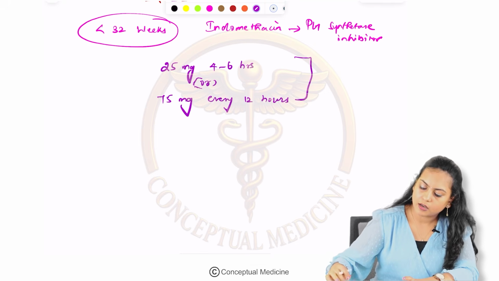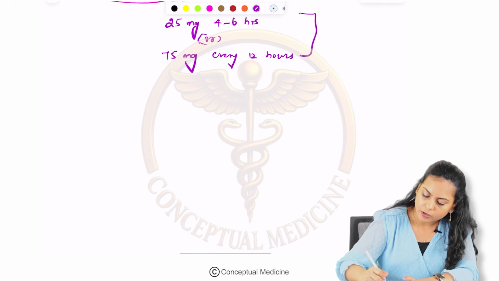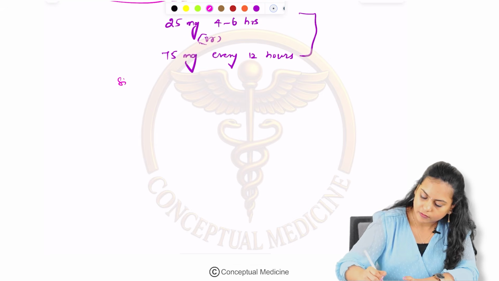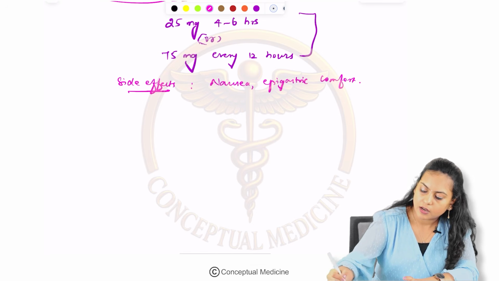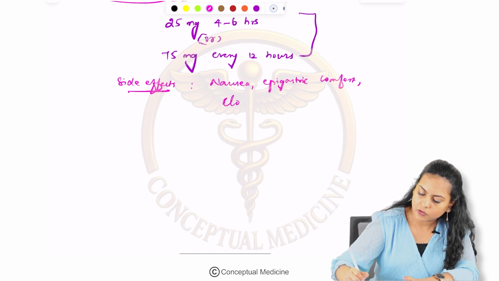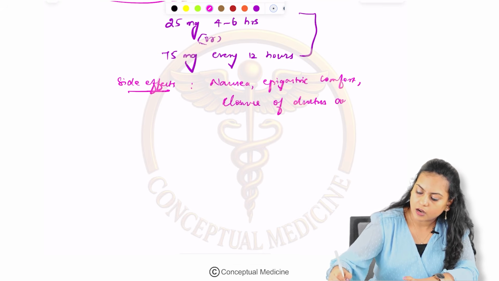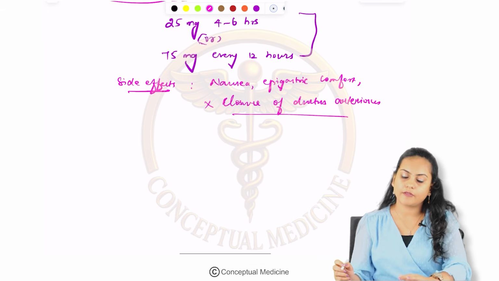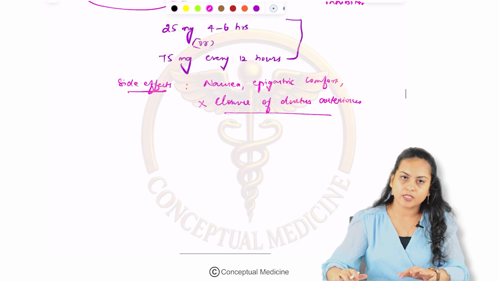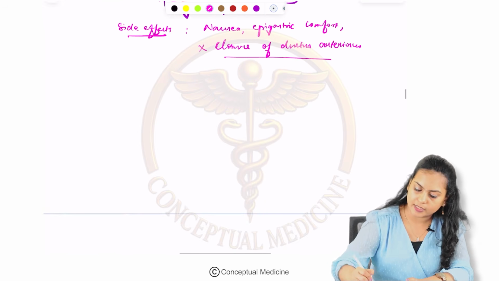Okay. What are the side effects of the drug? There will be nausea, epigastric discomfort, and closure of ductus arteriosus. So, due to this reason, you should never give indomethacin after 32 weeks.